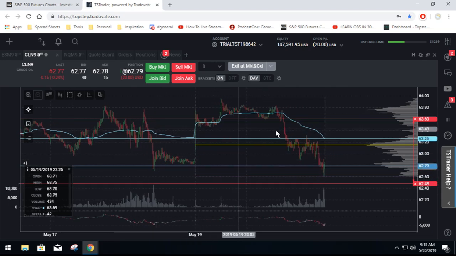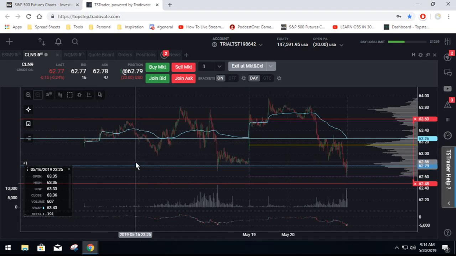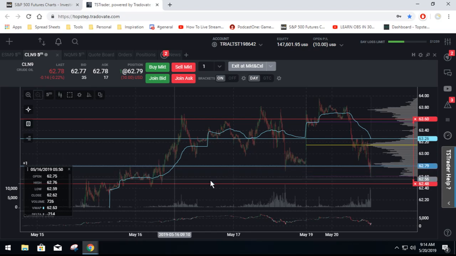To have a clearer view of what value looks like. So we have two options: exit on POC with a single contract, or look for the home run to the upside of value. It's sitting at 55 at the moment. Make sure your stops are beyond the low.